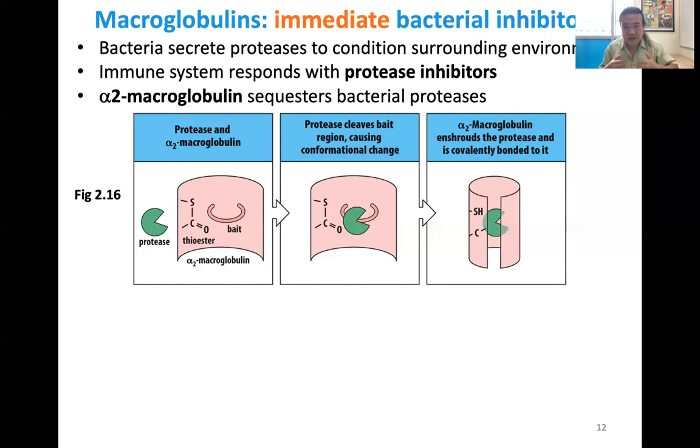When it first gains entrance into your tissues, it starts secreting things to condition the tissue around it to make it easier for the bacteria to multiply and spread and live. Right? Certain types of molecules secreted by the bacteria are proteases.